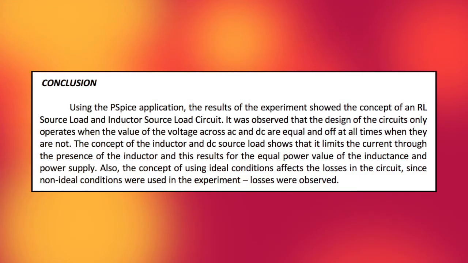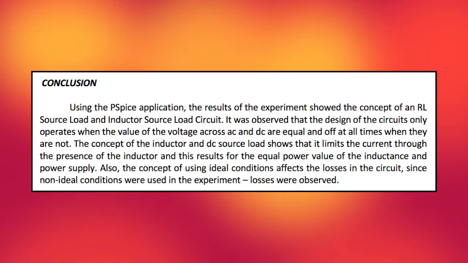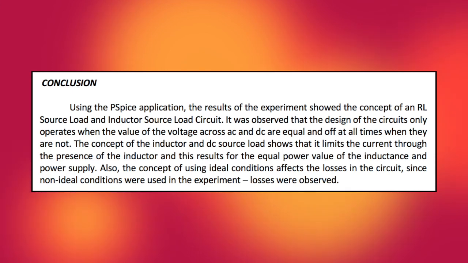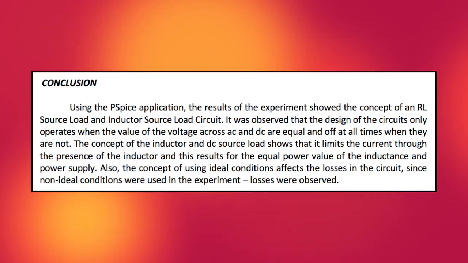Conclusion: using the PSpice application, the results of the experiment showed the concept of an RL source load and inductor source load circuit. It was observed that the circuits only operate when the value of the voltage across AC and DC are equal and are off at all times when they are not.